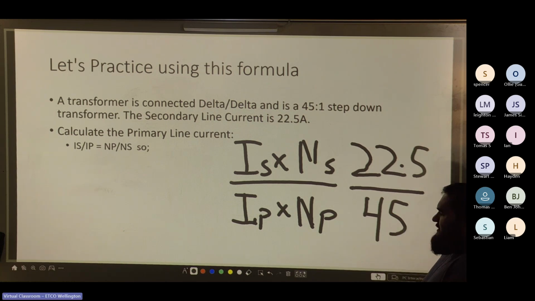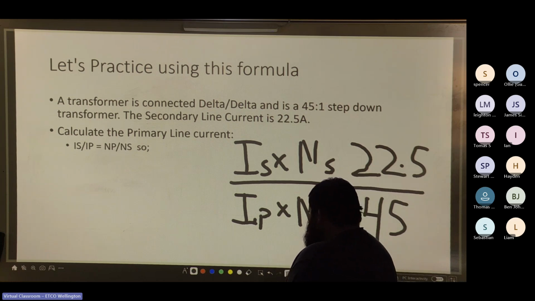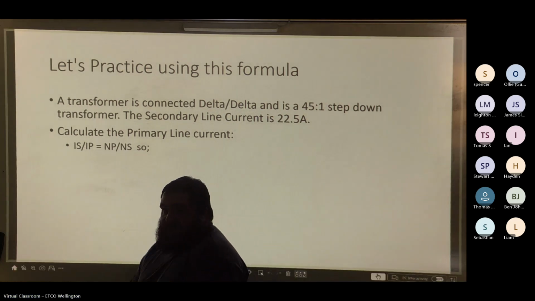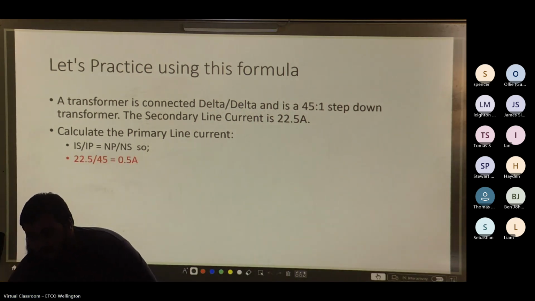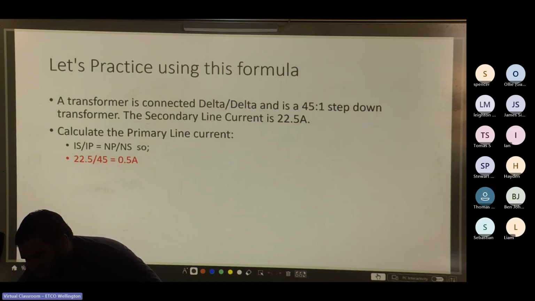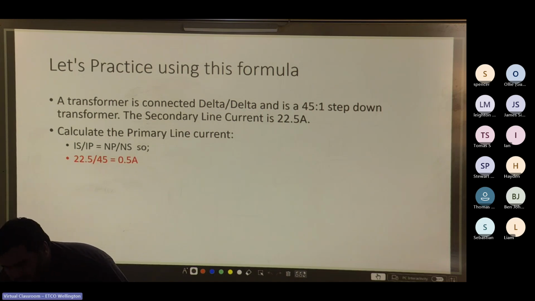So 22.5 divided by 45 gives us 0.5 of an amp. In a step-down transformer, the current is always going to be less on the primary side and more on the secondary side, because you're taking a higher voltage at a lower current, stepping it down to a lower voltage at a higher current.